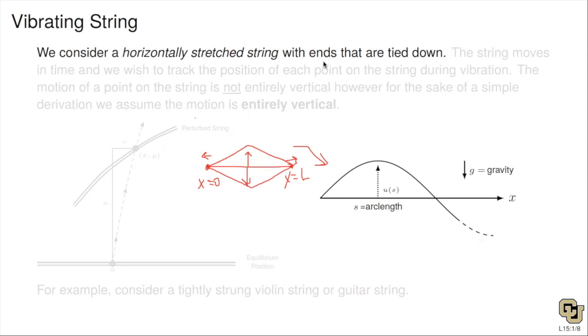Just fix one point on the string. Pluck the string in your mind and track the motion of that single point. That single point will bounce up and down, and if you put time on the x-axis, this single point will draw a wave in time.